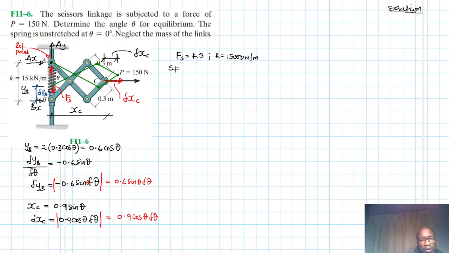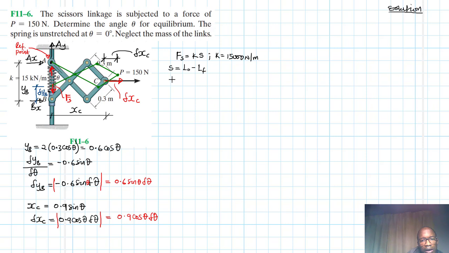Our S, okay, we want to start with the longer length of the spring and subtract this change, right? So the longer length is the original, the unstretched, minus the final length.